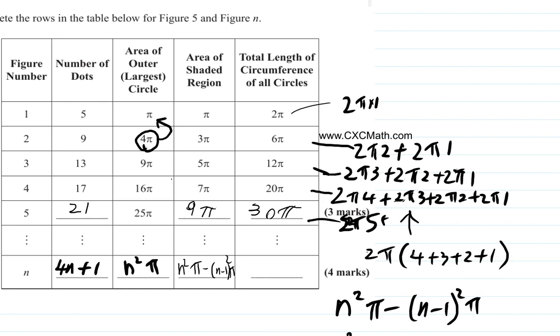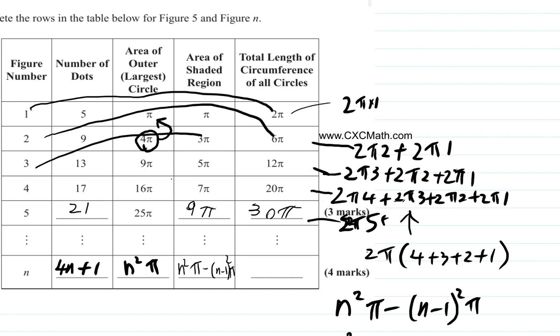With 5, you'd have 5 plus all of this. So how would that help you then? Let's see if we can figure out some way to link the figure number to these numbers that are at pi. Alright? Can we do that? I'm thinking now.